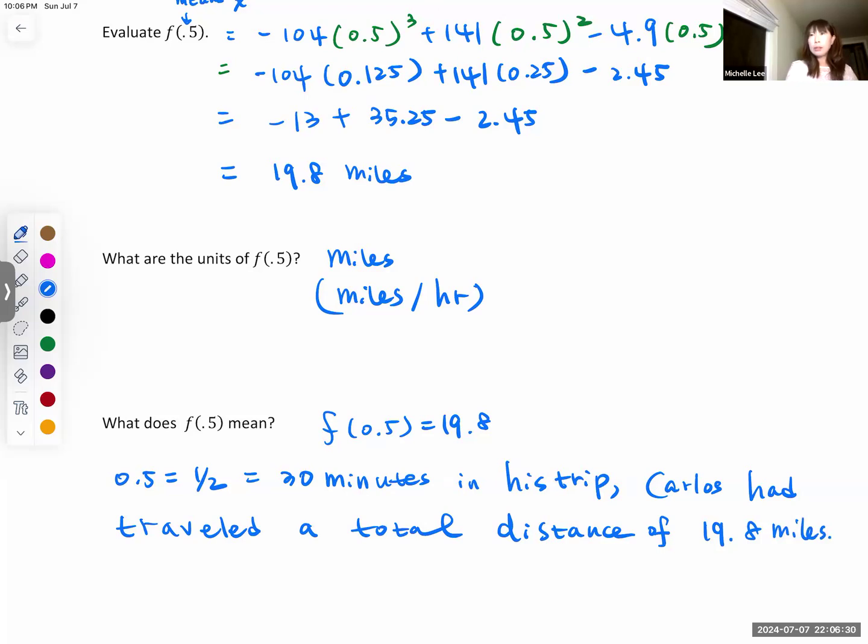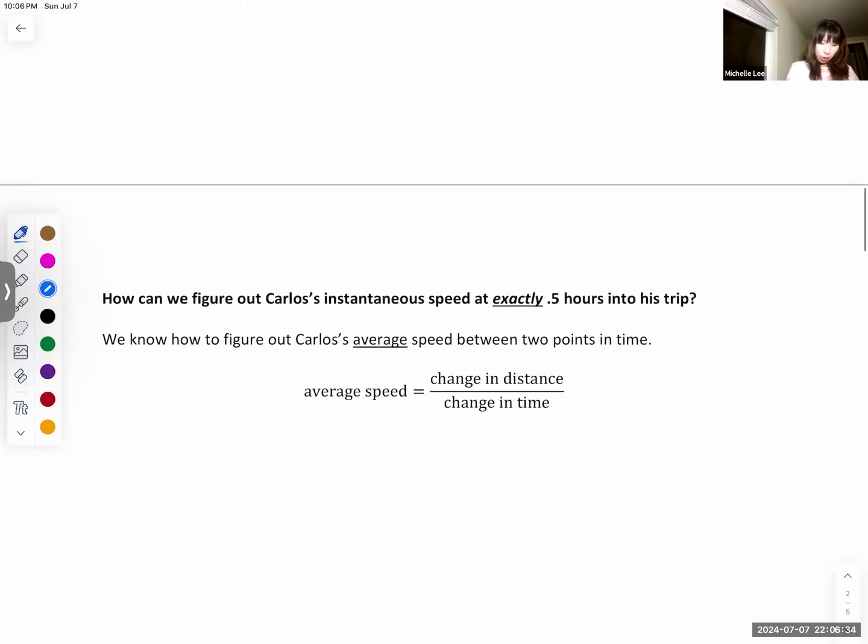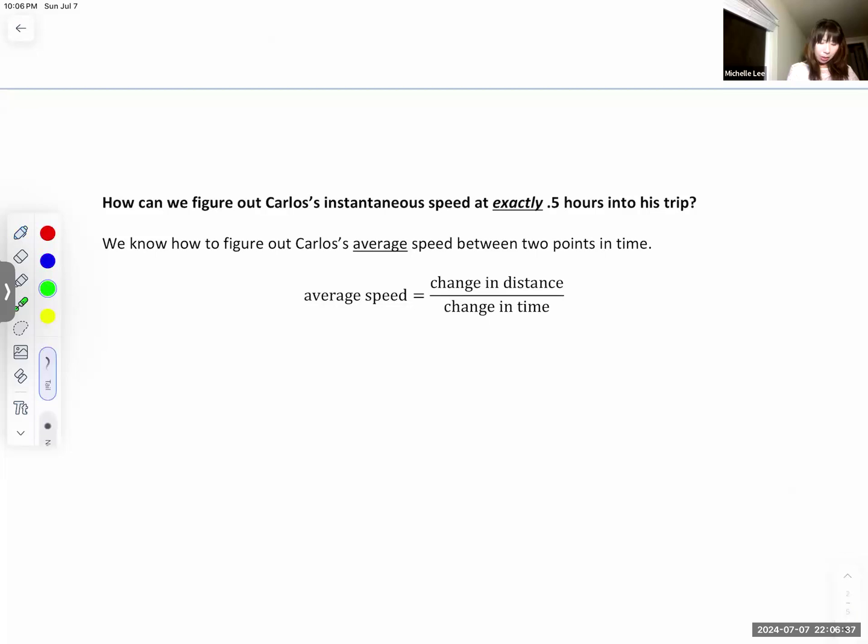Okay. So let's do the next one. How can we figure out Carlos's instantaneous speed at exactly 0.5 hours into his trip? Now we have average speed. So how did we find average speed last time? So we had a slope, right?